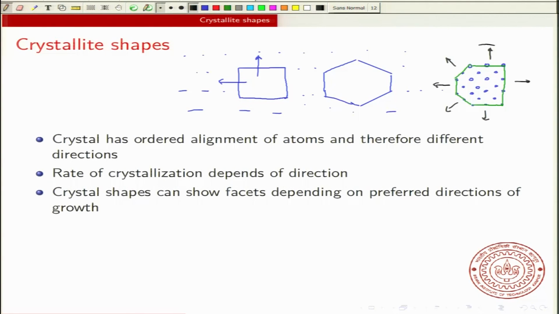So, let us take this crystal again. Let me call this direction A and this direction B. Now, if the rate of growth is faster along B and slower along A, and I am just taking a square symmetry, so all these directions are A. If the rate of growth is faster along B and slower along A, then what will happen is that this B will move a lot faster, and this A is moving a lot slower.